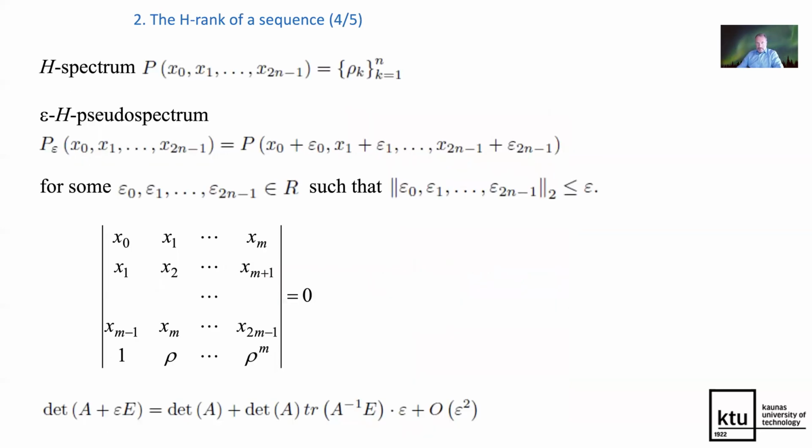Making a step further, we define the concept of the epsilon H pseudospectrum. Please note the difference between the matrix spectrum and the H spectrum. Now we are dealing not with eigenvalues, but with roots, the characteristic values of the catalecticant matrix. And when we perform perturbation, this is different from the ordinary matrix perturbation. We are perturbing not the elements of the matrix, but the elements of the sequence.